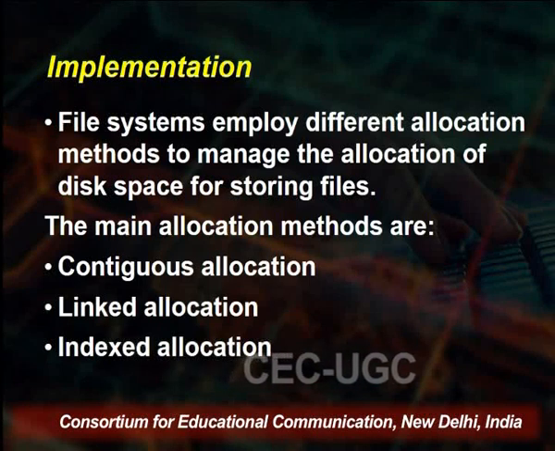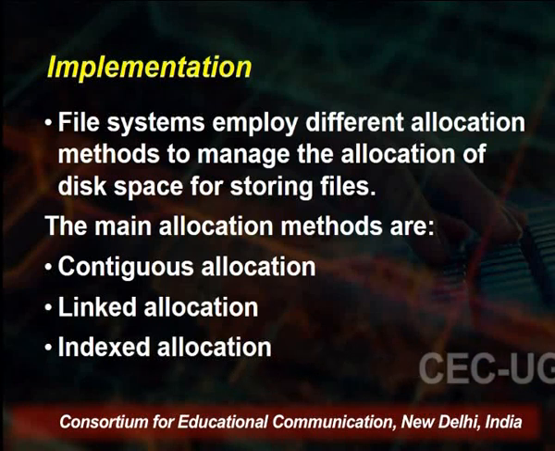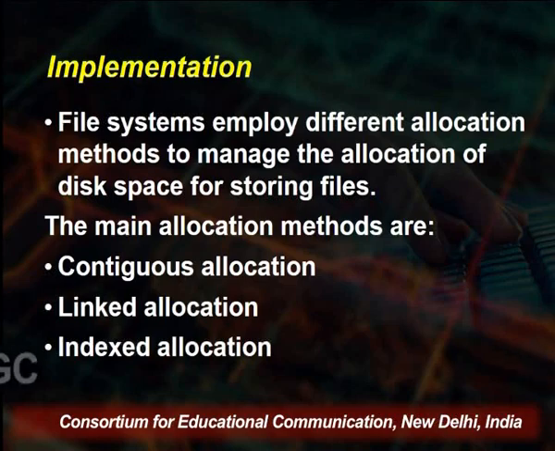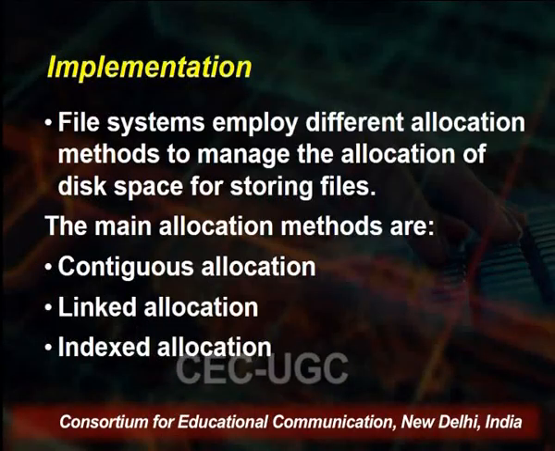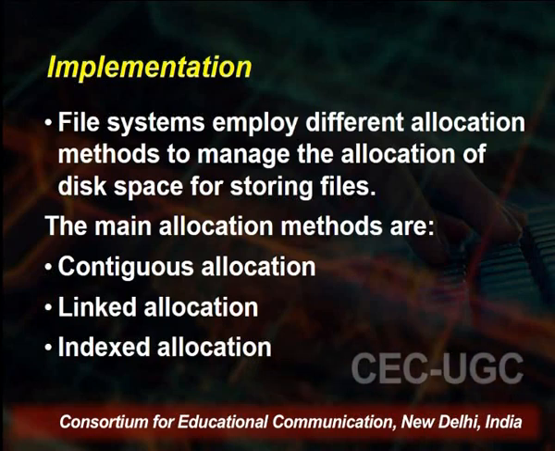Each and every file is stored onto the disk, and in which manner it is going to be stored, what the structure is, what the way of storing a file onto the disk is, all these details come under allocation strategies or allocation methods. The main allocation methods are three: one is contiguous allocation, another is linked allocation, and the third is indexed allocation.